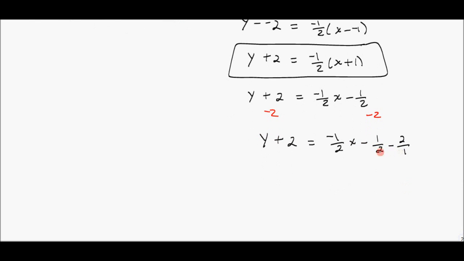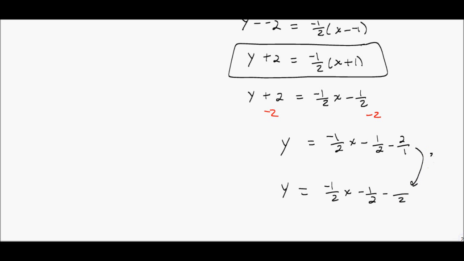We're dealing with a fraction, so let's make both of these look like fractions. We need a common denominator, which is going to be 2. So, whoops, I don't need that plus 2 over there anymore, do I? We moved it over, so it's just y is equal to -1/2 x, and then -1/2 minus, well, what's this going to be?